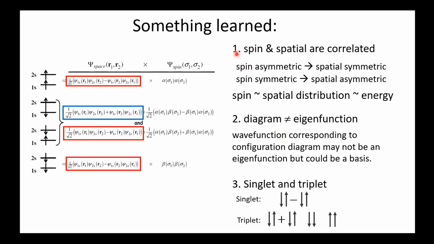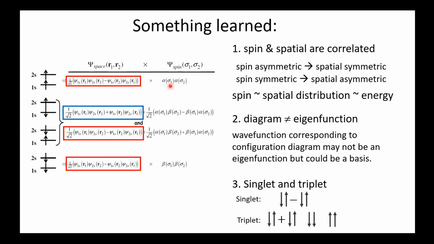So the first point I would say is we can immediately see spin and the spatial part are correlated. What I mean is that if we look at this spin part, this part is in fact symmetric. I hope you still remember the definition of symmetry in physics. Symmetry simply means something is unchanged upon a certain kind of operation, right?